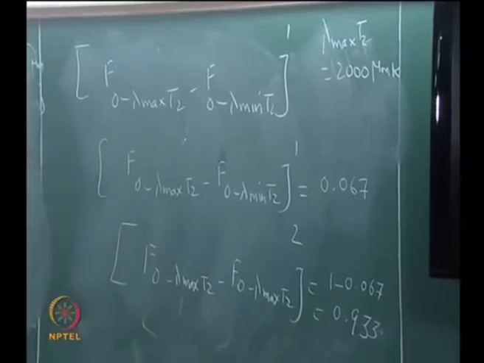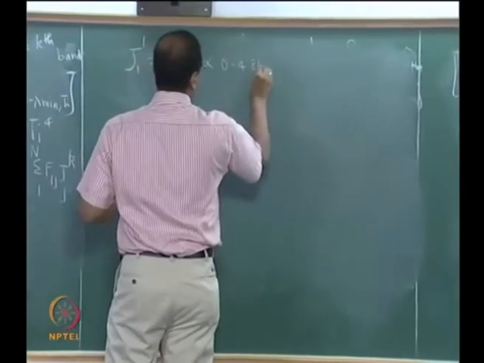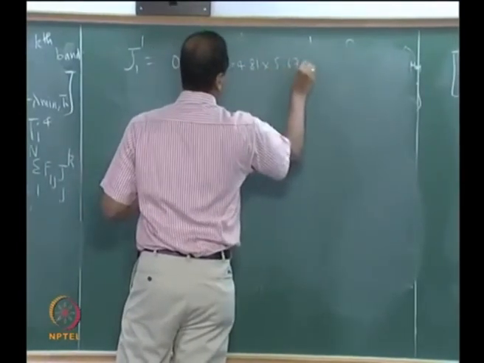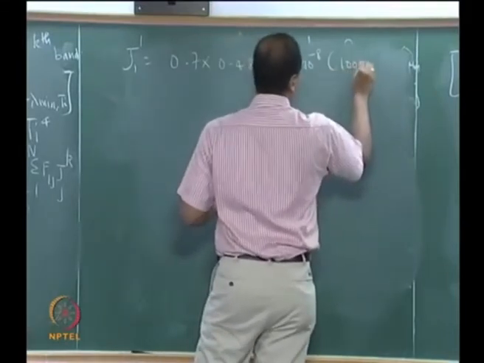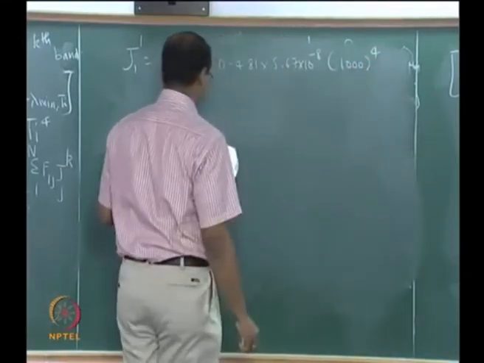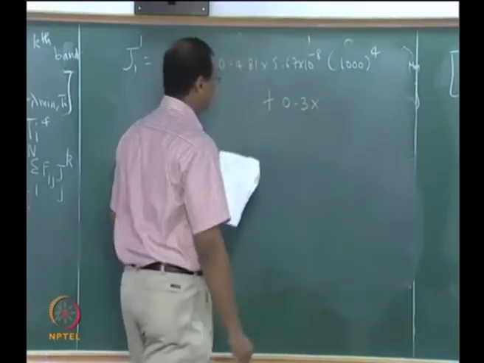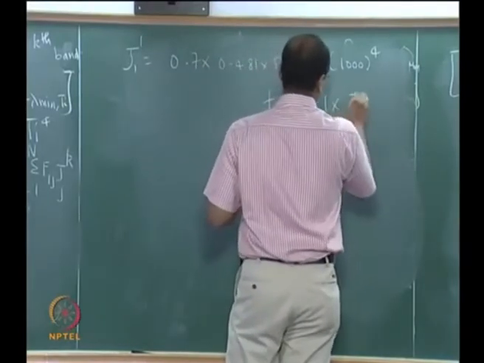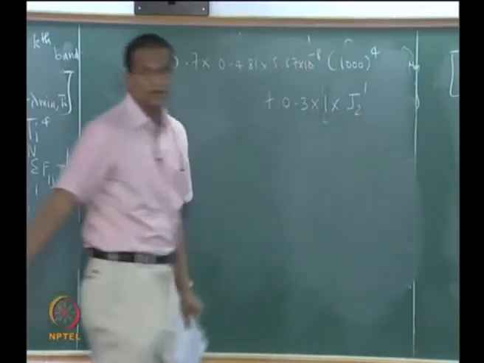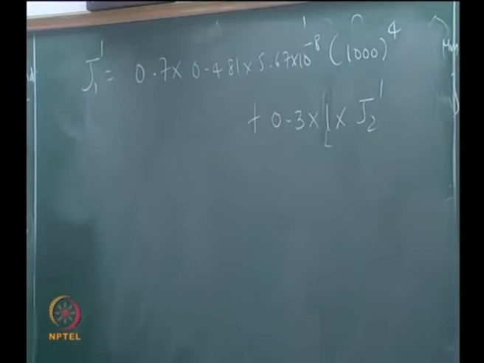So J11 0.7 to 0.48 to 5.67 10 to the minus 8 to 1000 to the power of 0.3 into view factor. Is that correct? F11 J1 plus F12 J2.